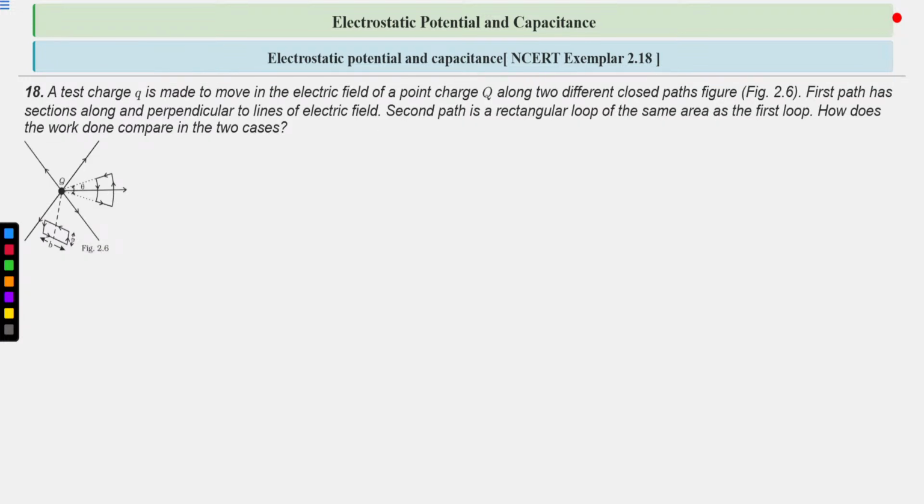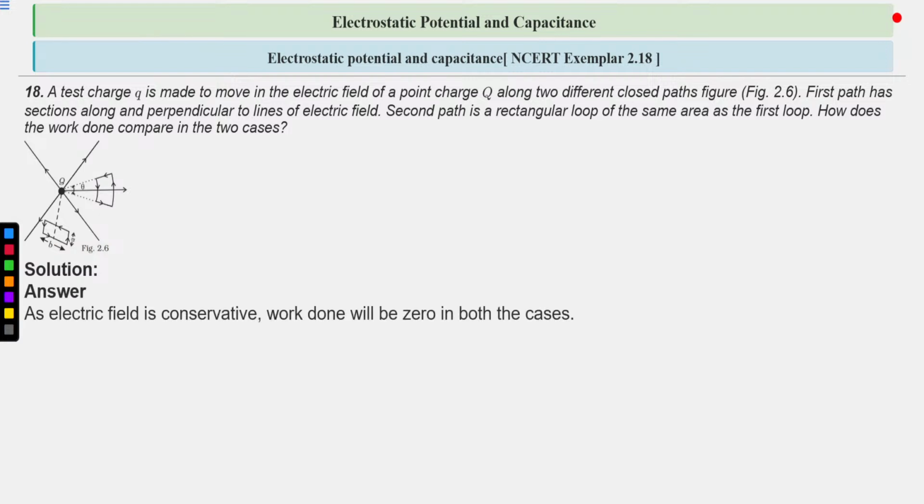So again the same question, and the answer is: as the electric field is conservative, work done will be 0 in both cases. Why? These are closed paths; that's why I emphasized the word closed when I recited the question. A closed path means that we start from a point and return to the same point.